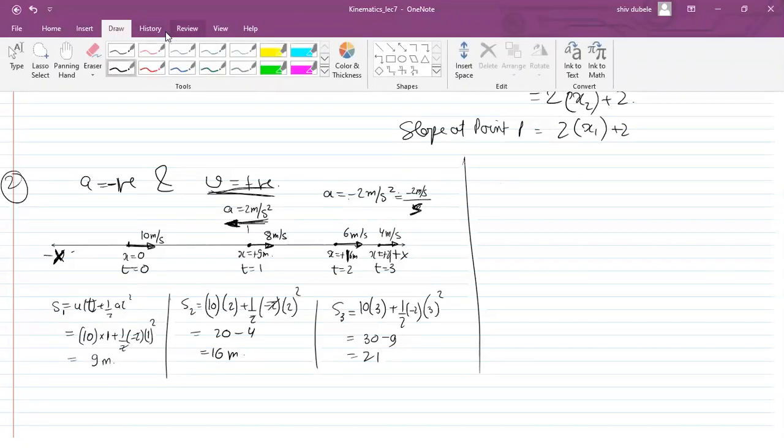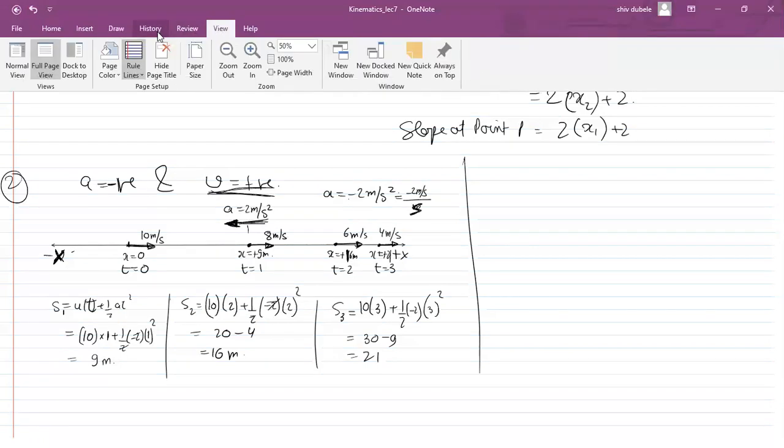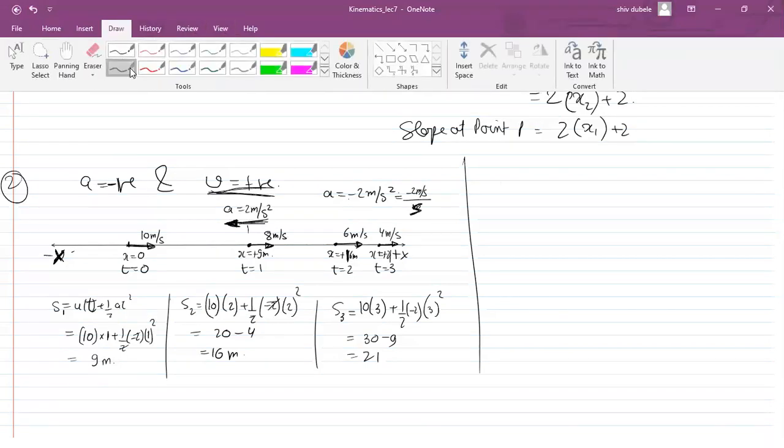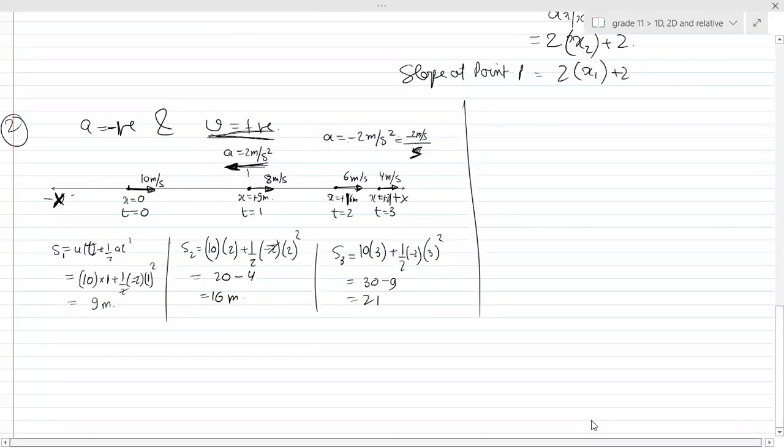Yes, hello people. I'm drawing the XT graph, okay?